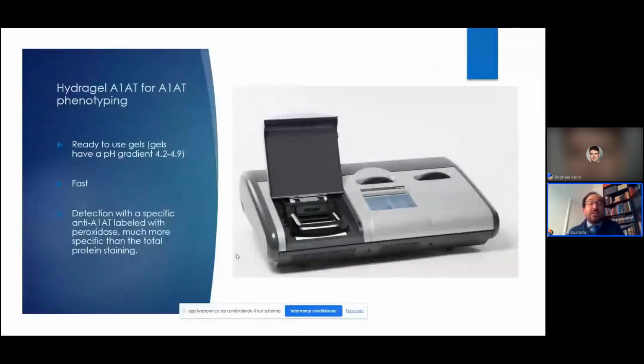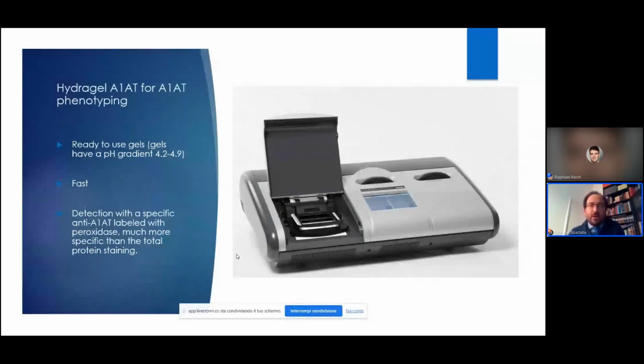That's why I would suggest and recommend you to use a validated and already tested approach, including the Hydragel test for alpha-1 antitrypsin phenotyping. This approach provides you with ready-to-use gels.